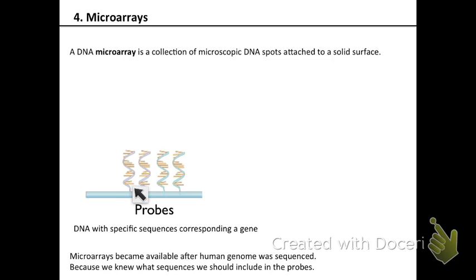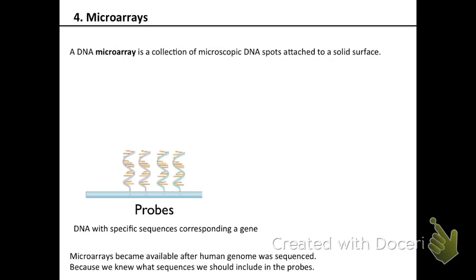They can vary between 50 base pairs to a couple of kb long, and they are synthesized. Each has a sequence corresponding to a gene that you want to analyze. So this could be a sequence complementary to the beta globin gene, right? You can also spot another probe complementary to a second gene, and a third gene, etc. However many probes you can fit on the surface of a glass slide will determine how many genes you can analyze at a time.